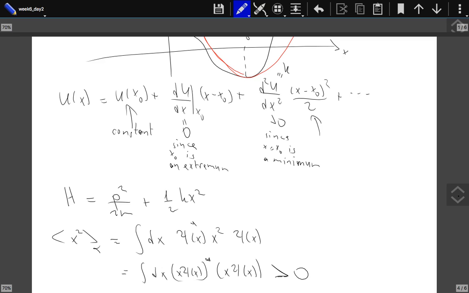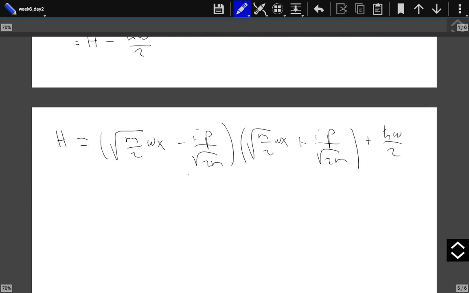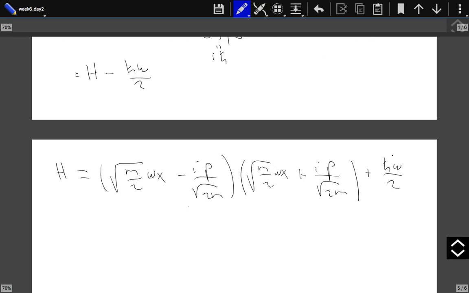But if I had chosen u of x0 to be minus h bar omega over 2, that would have canceled this h bar omega over 2. So you have to be a bit careful about applying what you know about ordinary numbers to operators.